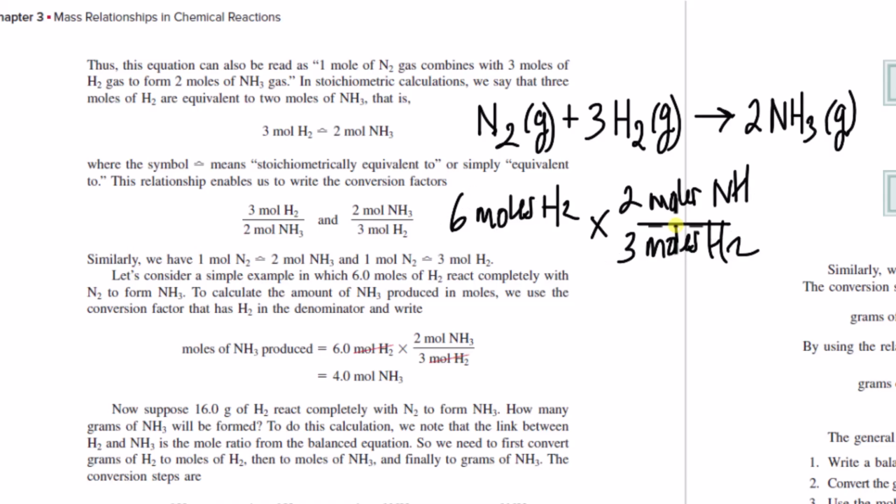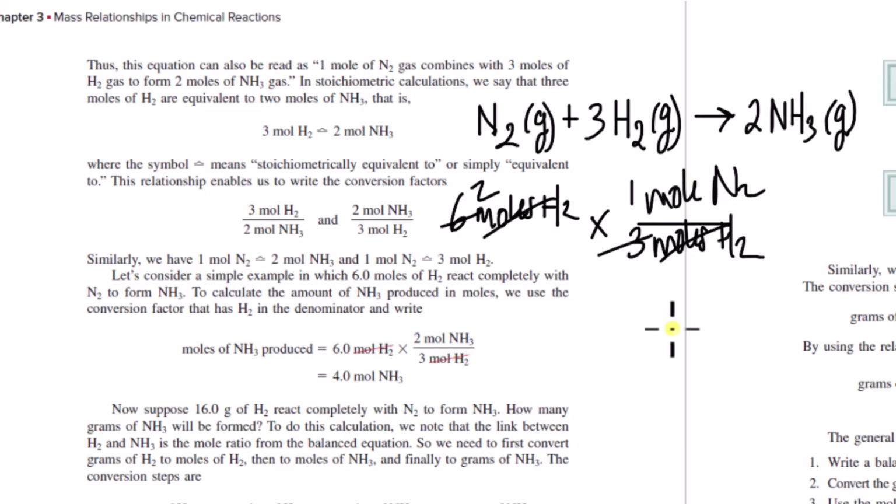So just for example, if we wanted to say, okay, if 6 moles of hydrogen gas are consumed in this reaction, well then how many moles of nitrogen gas did the hydrogen gas react with? Okay, well, for every 3 moles of H2 consumed, 1 mole of N2 is consumed. There you go. So it's 2 moles of N2 consumed. You see?